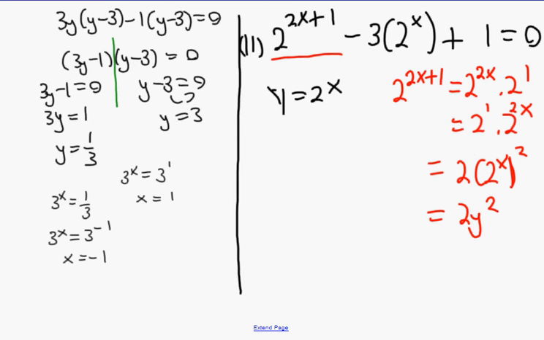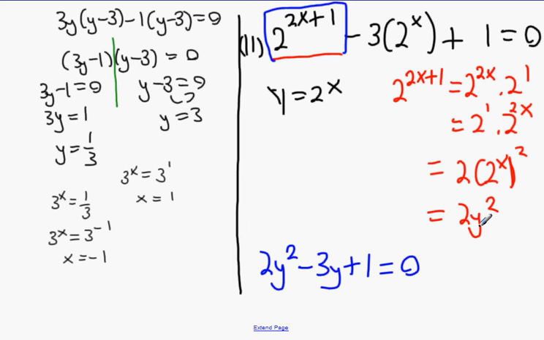Now, 2y squared minus 3y plus 1 equals 0. Does everybody see what I did there? I changed this one here to 2y squared. I changed this one into minus 3y and changed the last one into plus 1.